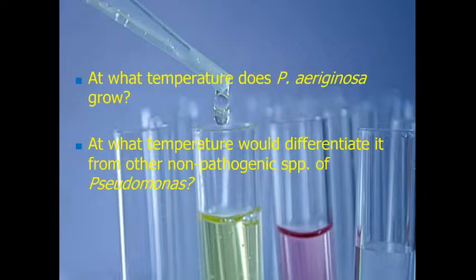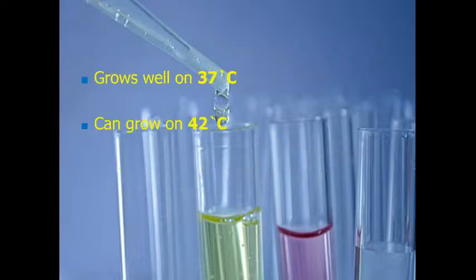Actually, in the clinical laboratory that I worked in, one of the key tests to determine whether something is Pseudomonas aeruginosa is growing the organism in our Campy incubator, the Campylobacter incubator, because we have a separate incubator for Campylobacter species.